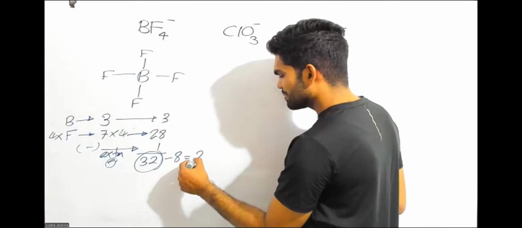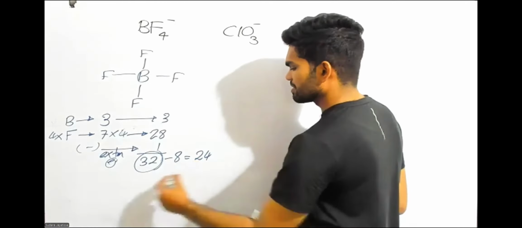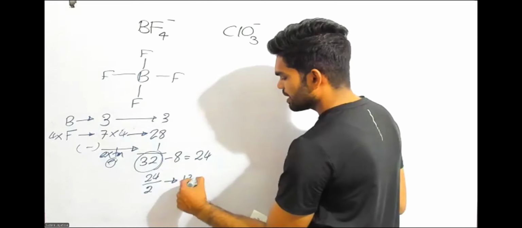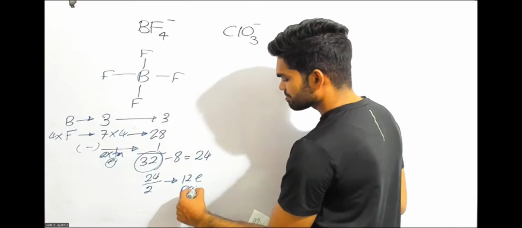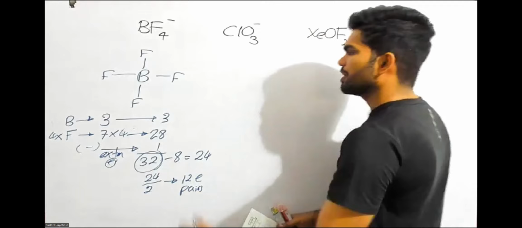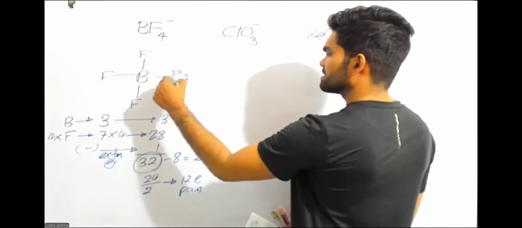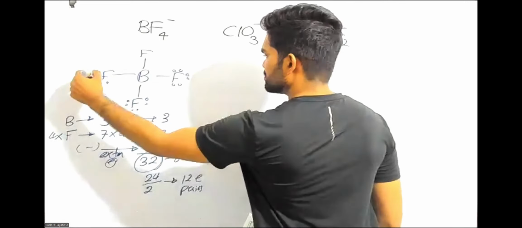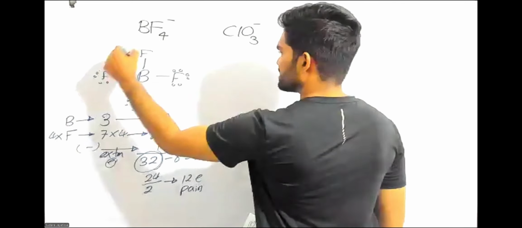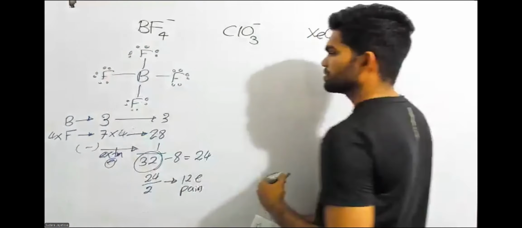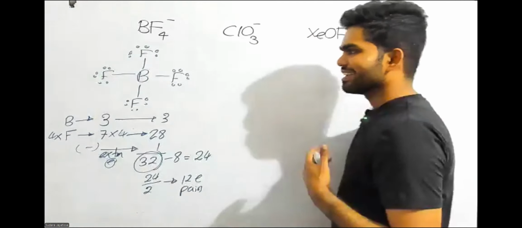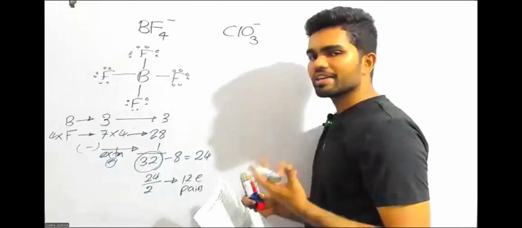That means we get 24 electrons. 24 electrons put into pairs is 12 electron pairs. We have to place those 12 electron pairs on the peripheral atoms. Each fluorine atom contains 3 electron pairs, so all 12 are accounted for. Understood? The next step is to consider the octet.